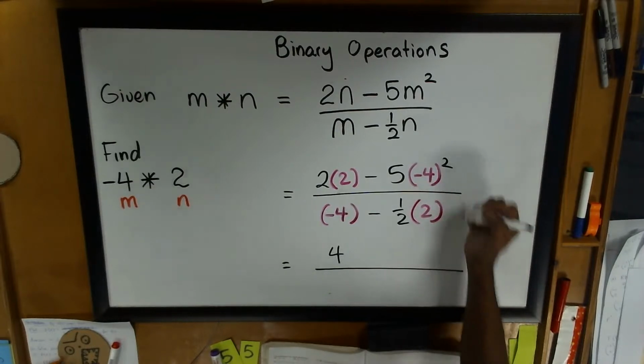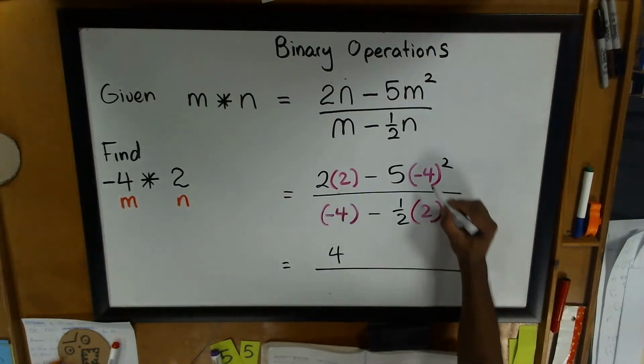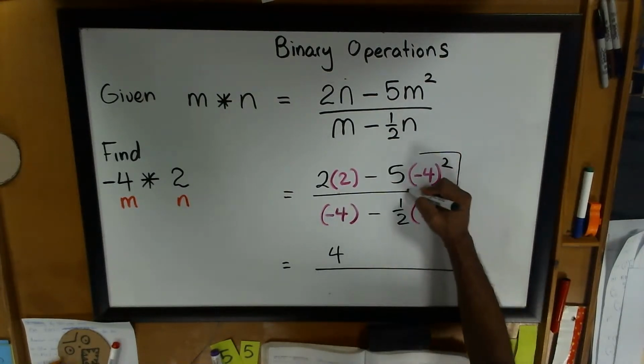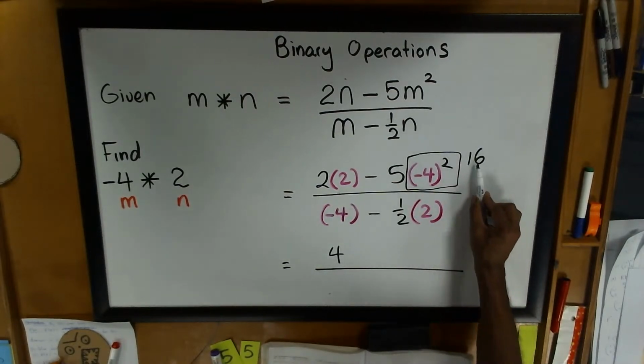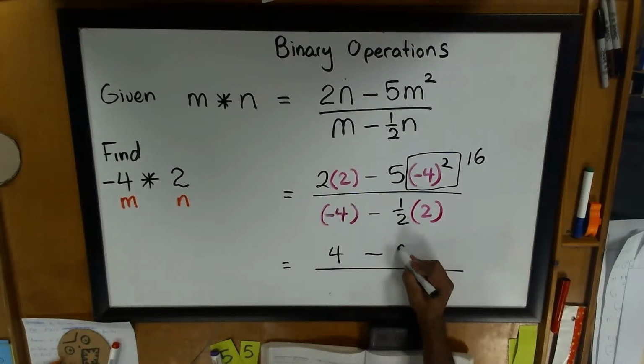Minus 4 squared. But when you square anything, you will get a positive number. Well, not anything in the world, for CXC purposes. So minus 4 squared gives you positive 16. You have to take the 16 now and then multiply it by the minus 5. So 5 multiplied by 16 is 80.